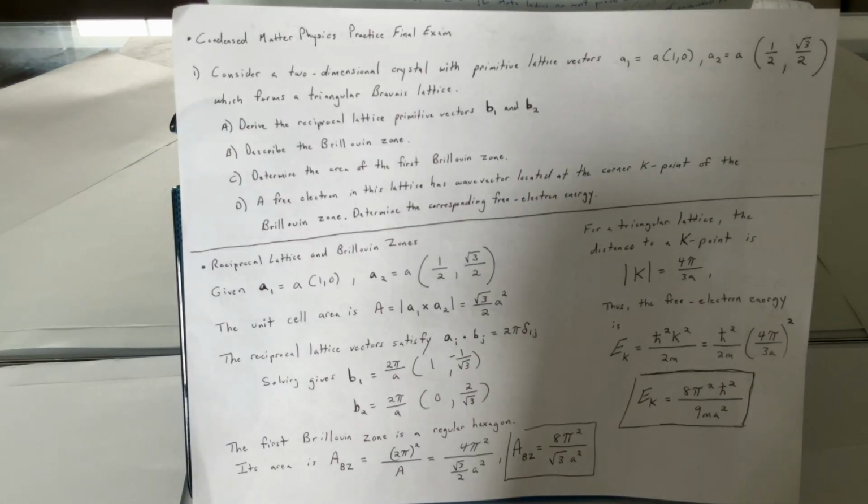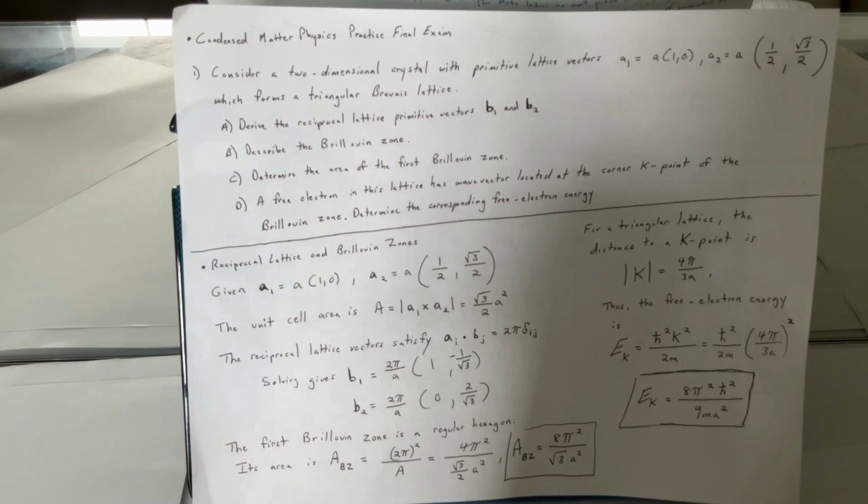Also, a free electron in this lattice has a wave vector located at the corner K point of the Brillouin zone. Pardon me if I mispronounce anything. Determine the corresponding free electron energy.